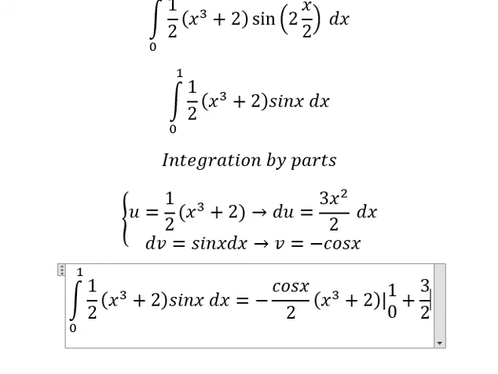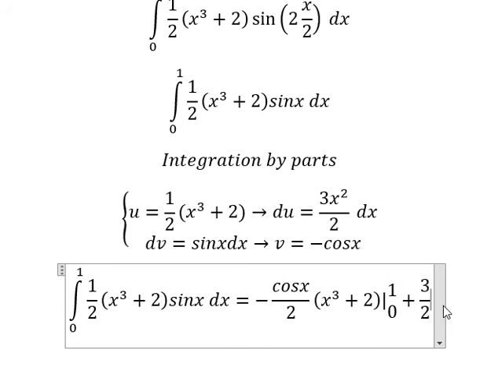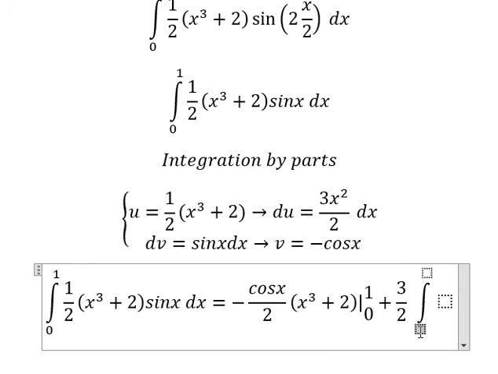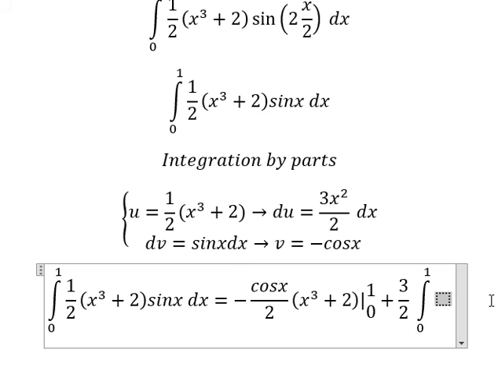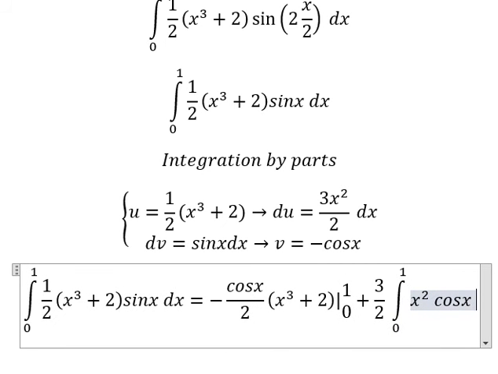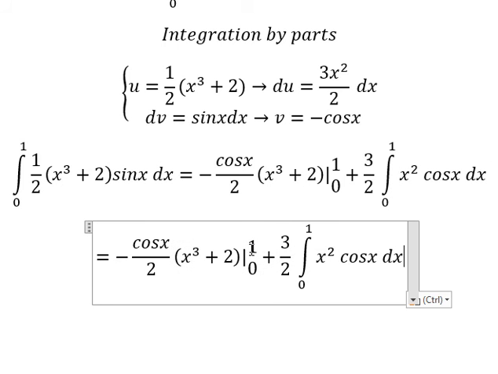And we have the integration of s, from 0 to number 1, and we have s squared cosine s ds. So I will put number 1 here, number 0 here. So we have like this.